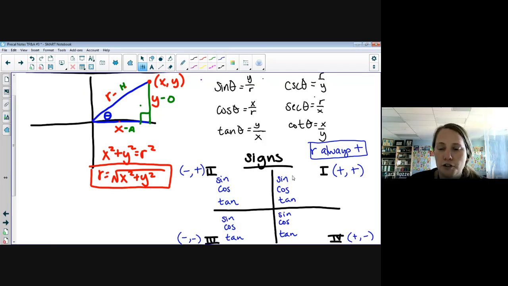So in the first quadrant, sine is positive. So we see what ratio we're looking at and determine in that quadrant, are those numbers positive or negative, and then divide them, okay? So cosine, X over R. In the first quadrant, X is positive, R is always positive. A positive divided by a positive makes a positive.